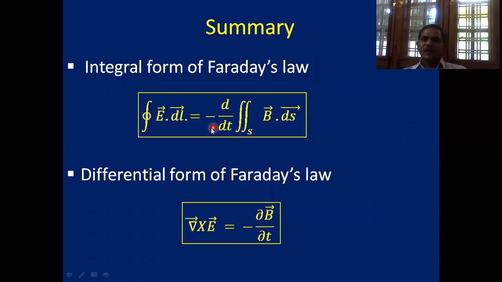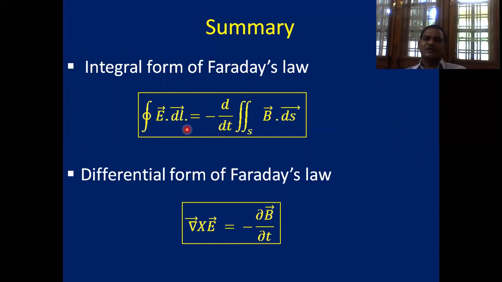After that, we discussed and derived the integral form of Faraday's law. The integral form of Faraday's law can be expressed mathematically as closed integral of E bar dot dl bar equal to minus d by dt of the surface integral of B bar dot ds bar.